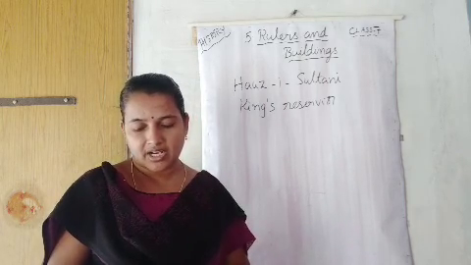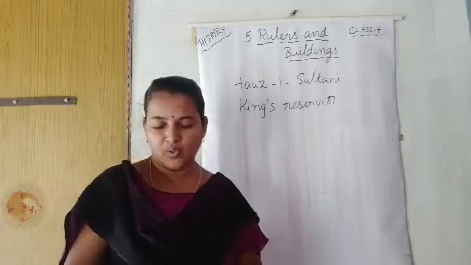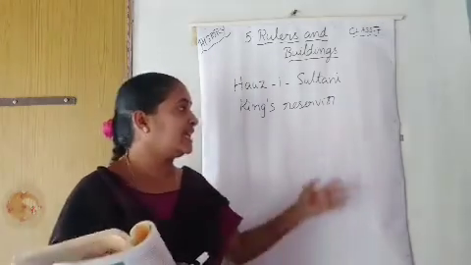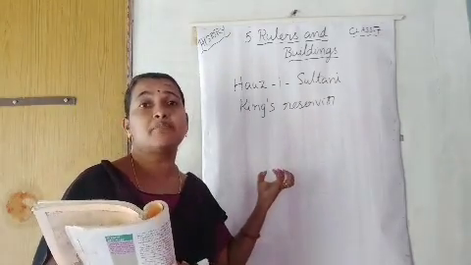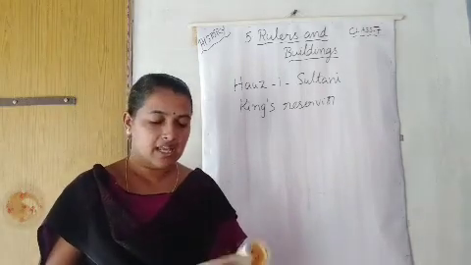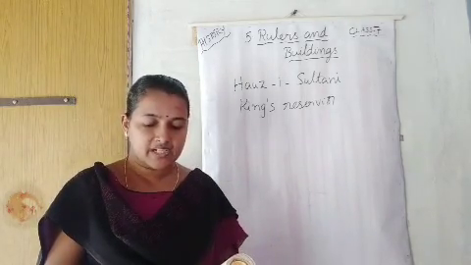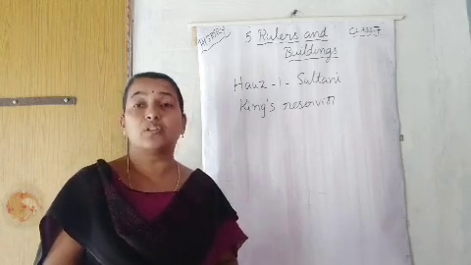Rulers often constructed tanks and reservoirs, big and small, for use by ordinary people. Why did the sultans and kings construct them? For the use of the people, so that the people can fulfill their needs. Sometimes these tanks and reservoirs were part of a temple, mosque or gurudwara.